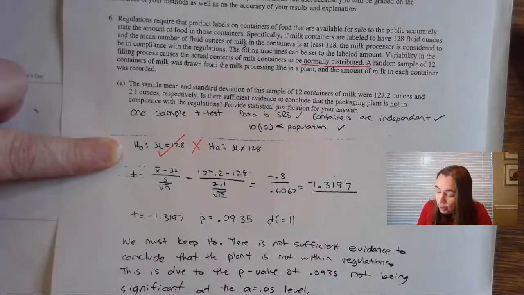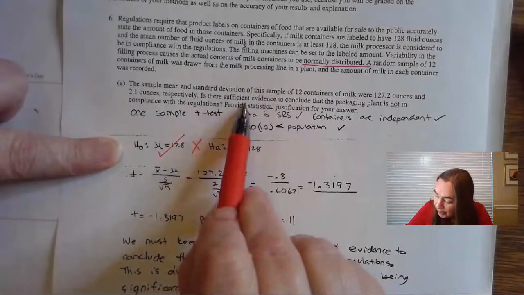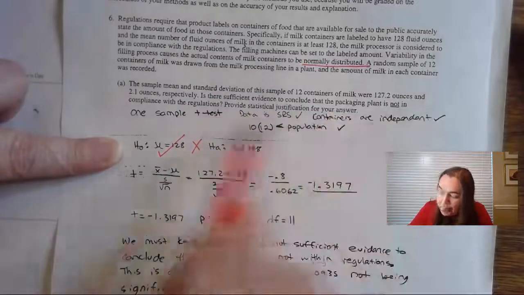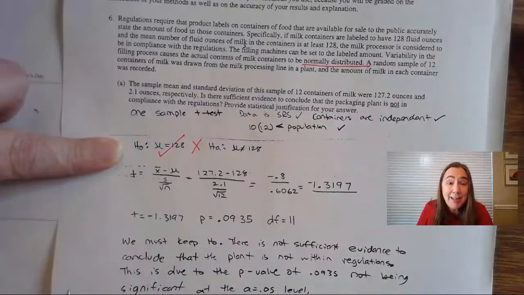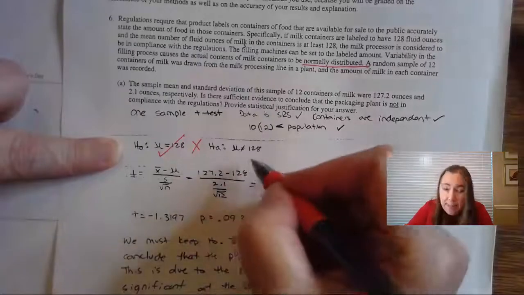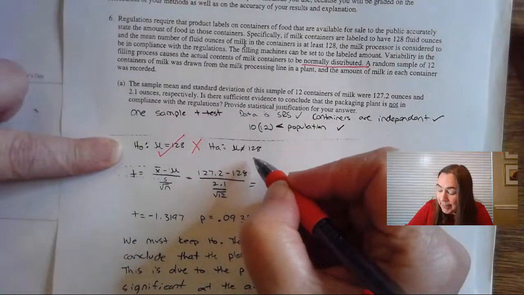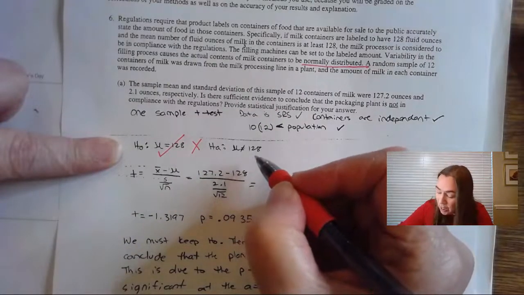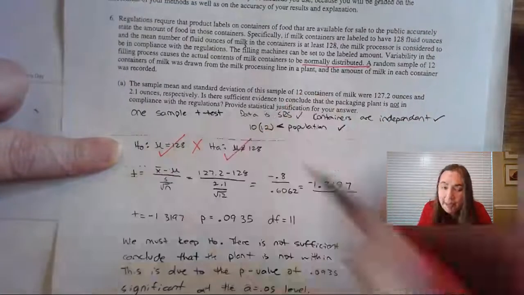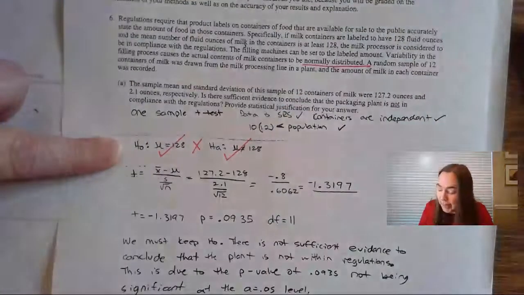Now the Ha, well, let's see. What are we trying to find? That it's not in compliance. Well, not being in compliance is not saying anything about what direction, over or under. It's just that it's not 128. So the Ha is going to be that mu is not equal to 128. It's going to be a two-tailed test. So a check mark if you have the right Ha, that it's not equal to 128.